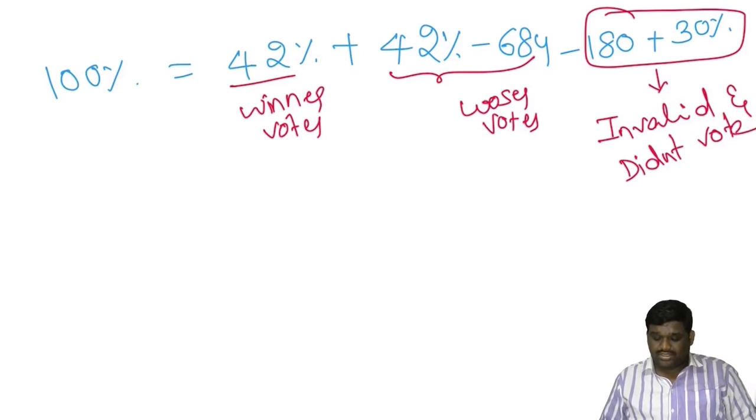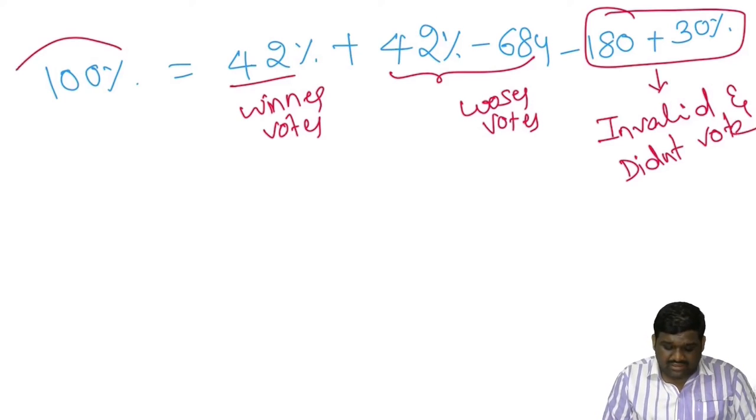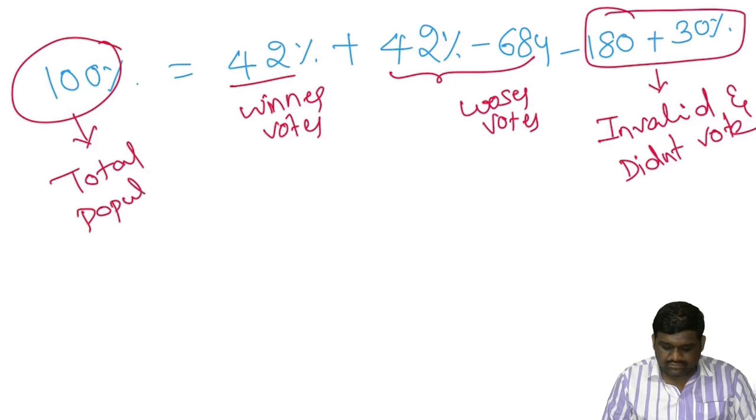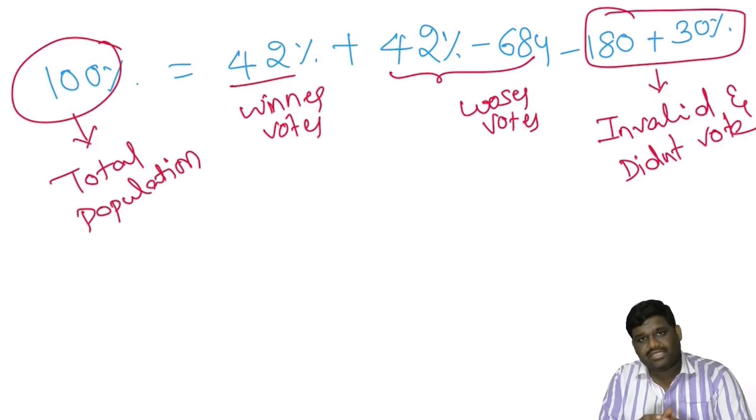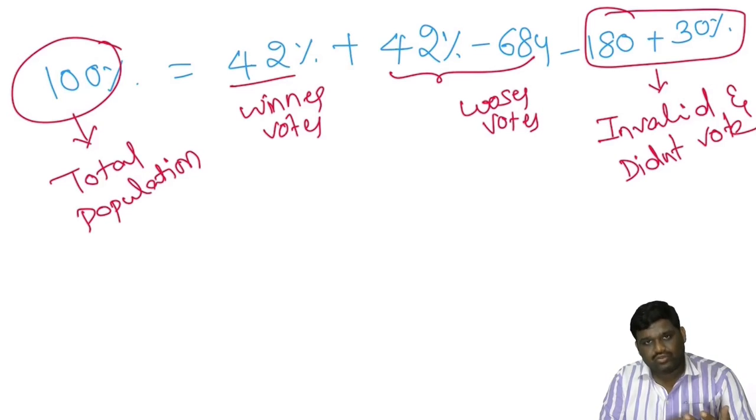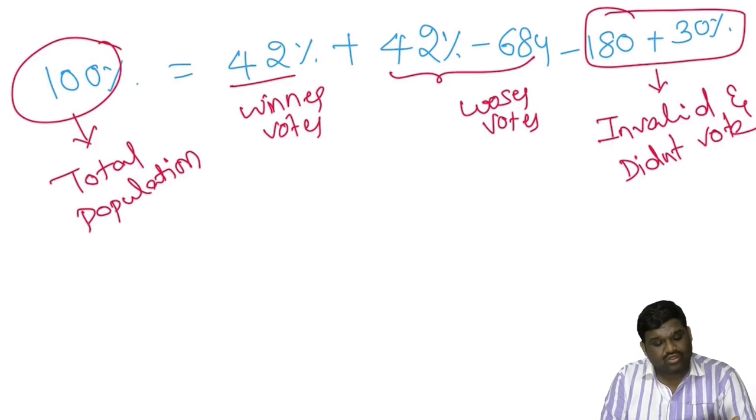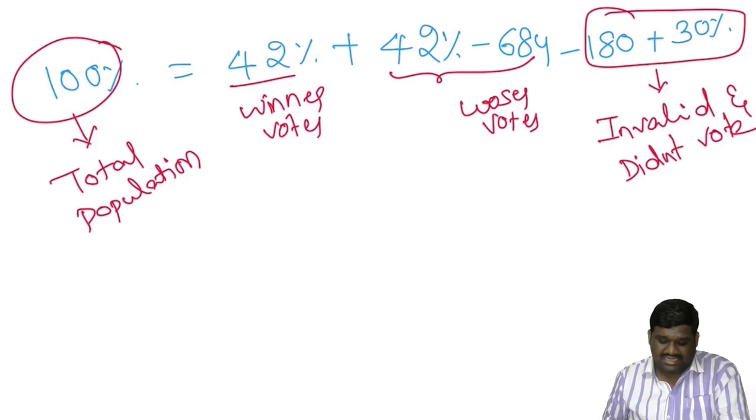Now clear? So everything comes under the total population. Total population is nothing but winner votes plus loser votes plus total uncast votes plus invalid votes. So that is the basic idea.